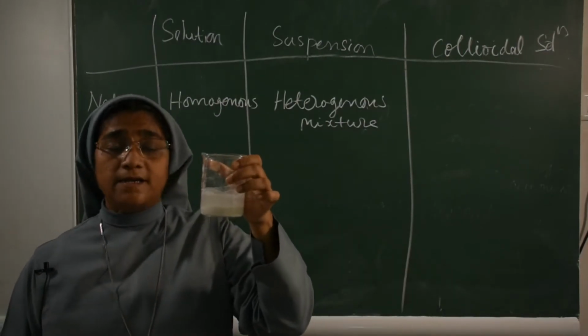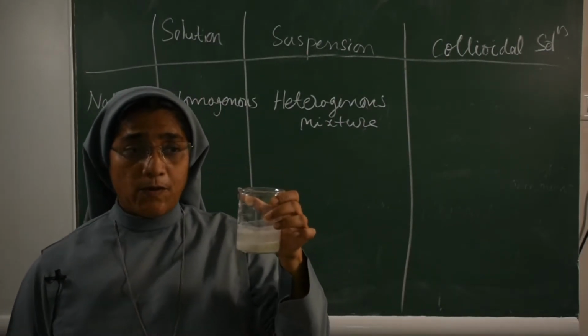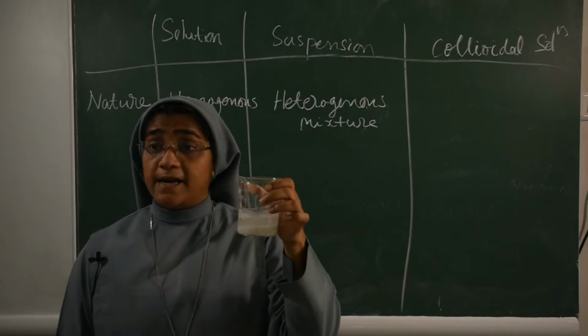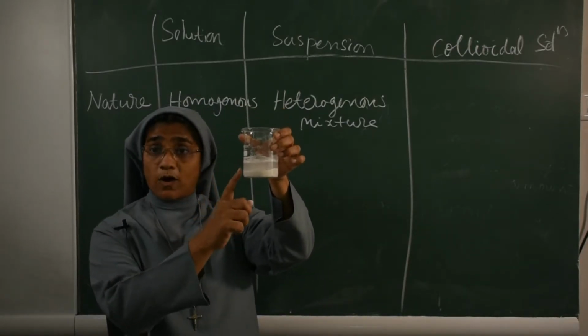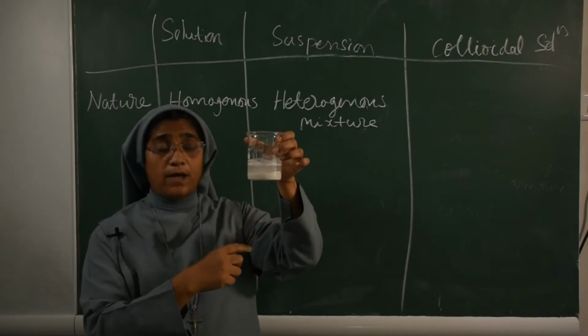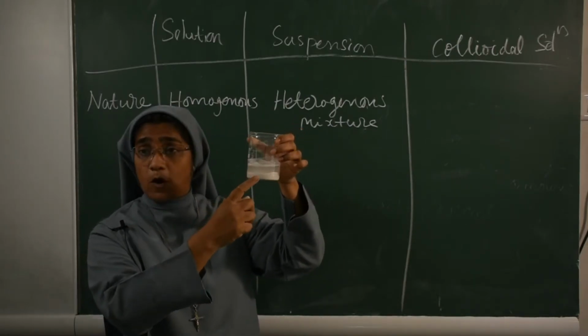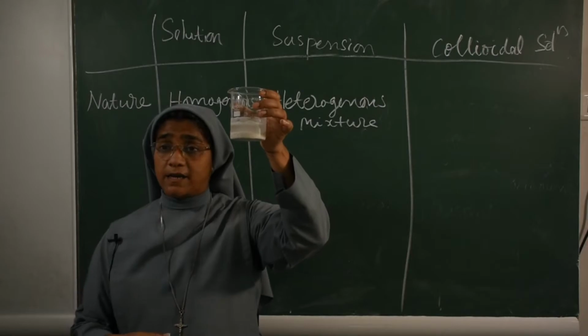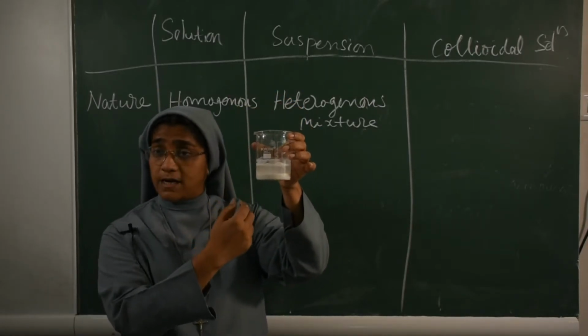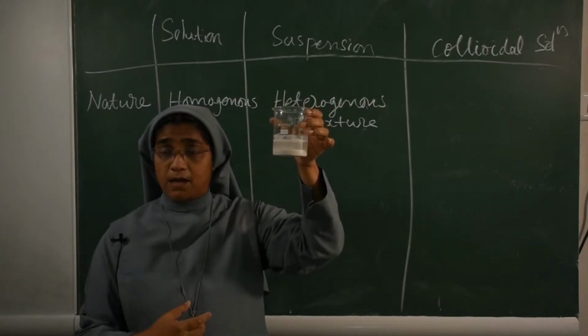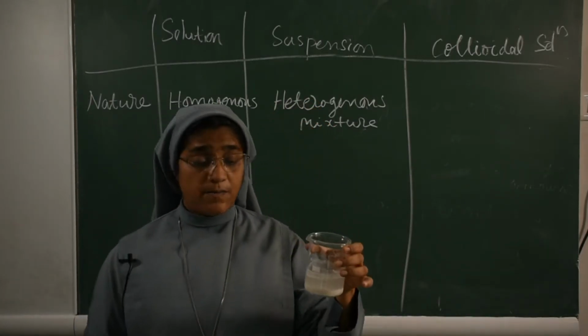Why is it a heterogeneous mixture? Because the mixture does not have uniform composition. Is chalk dissolved in water? No. We can see the visible boundary. Chalk particles we can see, water also we can see. So, this is a heterogeneous mixture.